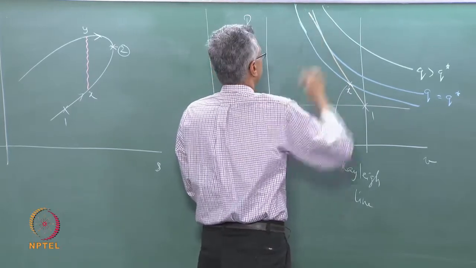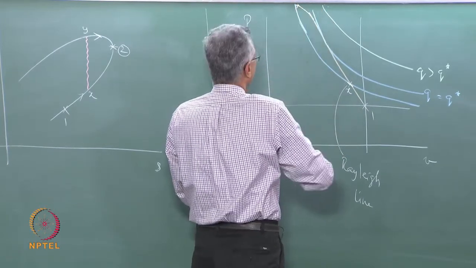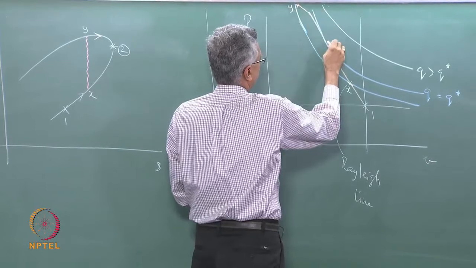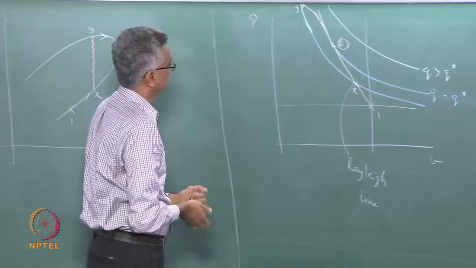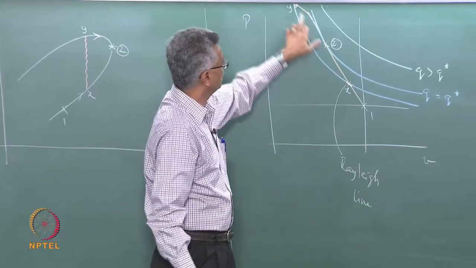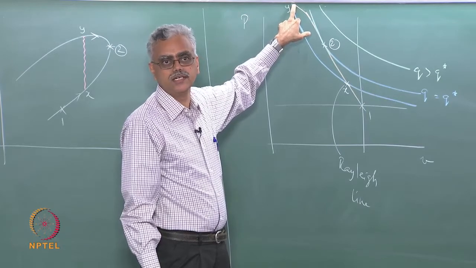So this is my state 2. Okay. I can jump from x to y because the normal shock solution is a discontinuous solution.